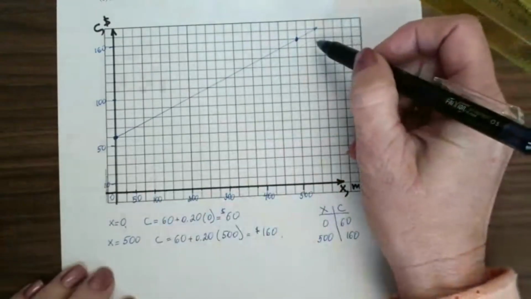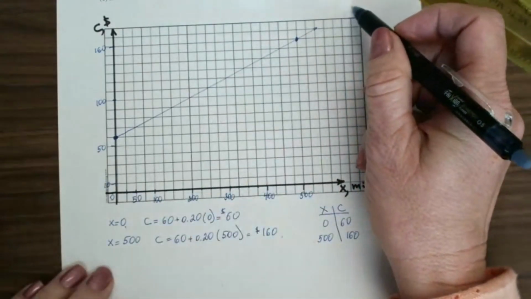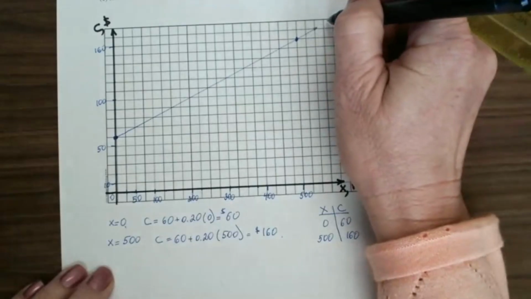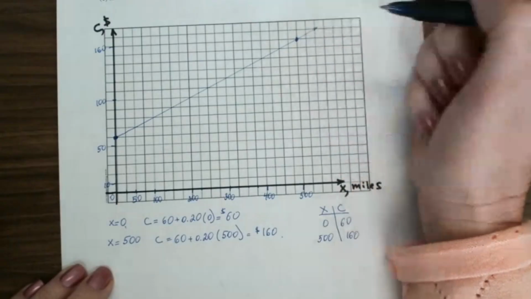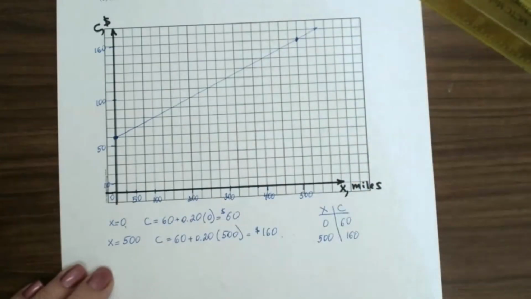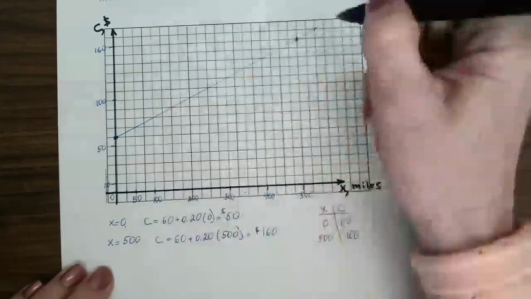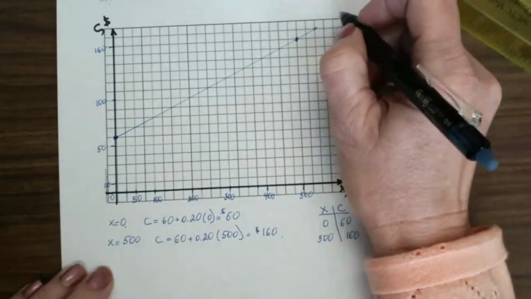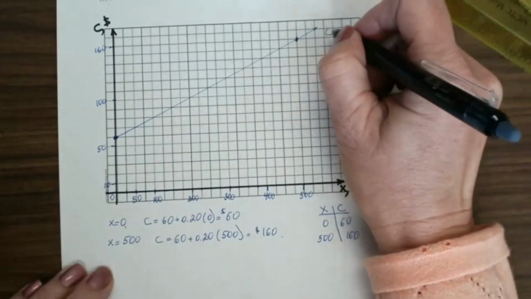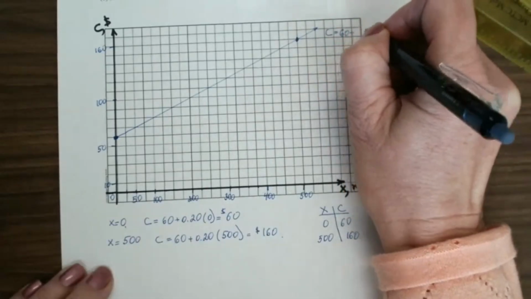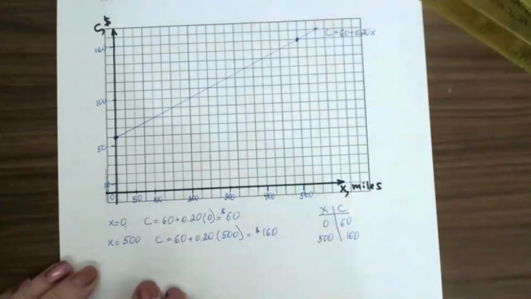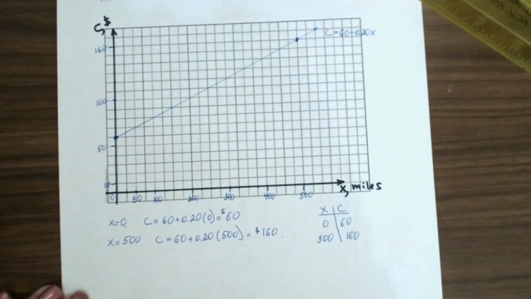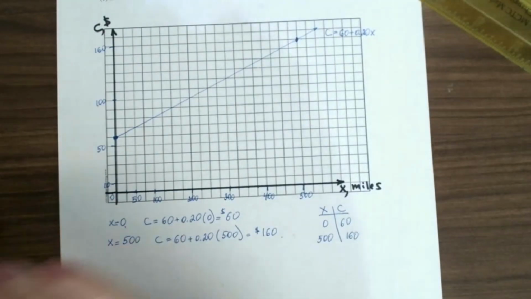However, you can extend the line to the right beyond the point (500, 160), since in real life it's possible to drive more than 500 miles. And do not forget to write the equation of our line. And our graph is complete.